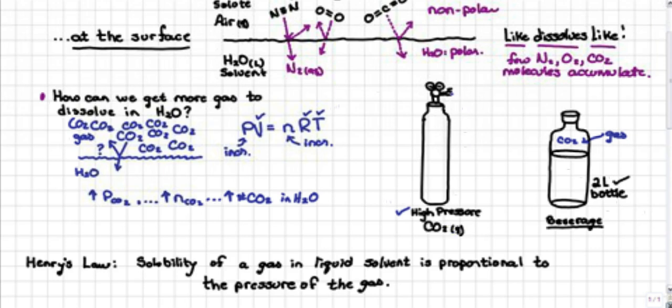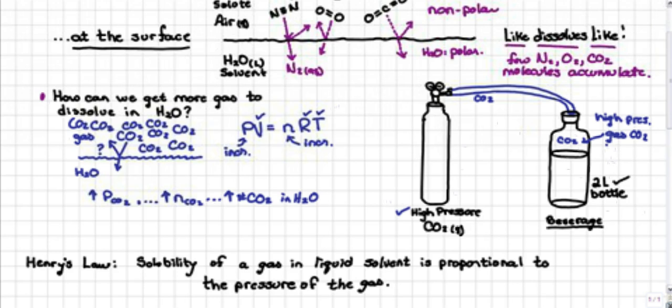And what we do is we connect a hose, and this is something that can actually be done. We connect a hose that will transport the carbon dioxide from the high-pressure tank into the space above the 2-liter bottle. And what we do is we create a high-pressure carbon dioxide situation in the space above the liquid.